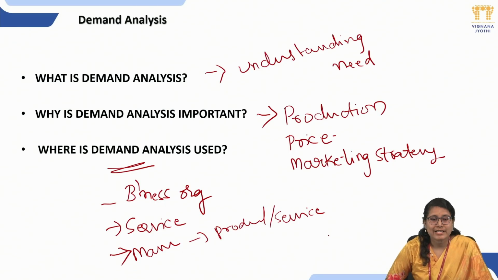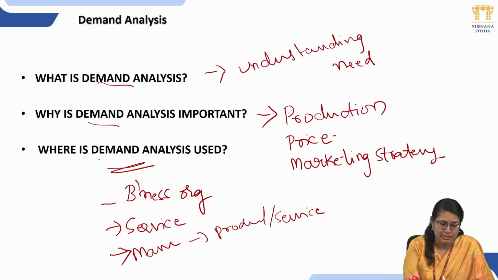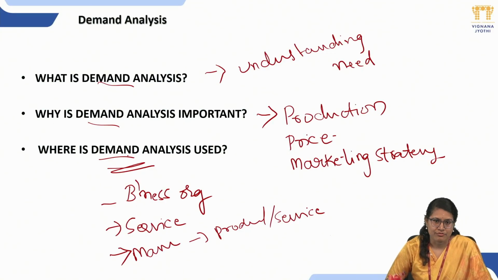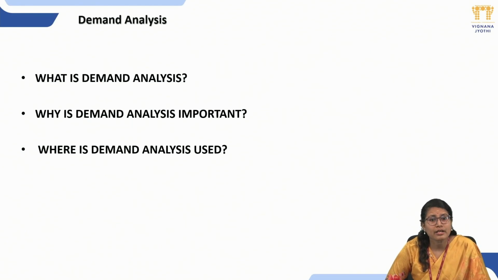So now we are saying demand, demand, demand. What is this demand first of all? In a general scenario, what we think is that demand is nothing but the need. If you ask anybody, they used to say demand means need for the product or want for the product.